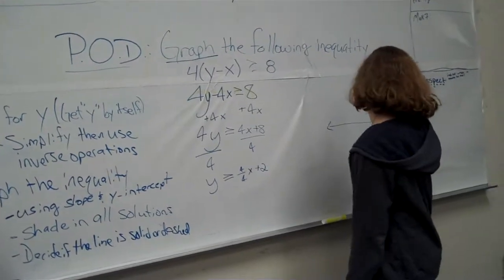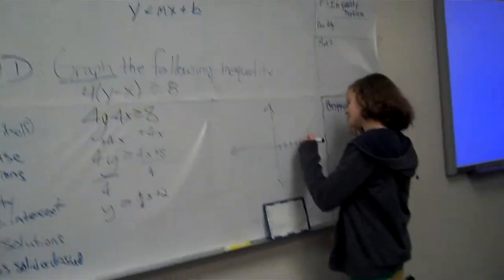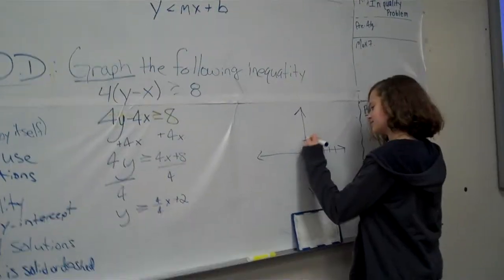Okay, so we've successfully completed step 1, right? We've solved for y by getting y by itself. Okay, now we're going to begin step 2 and graph the inequality.